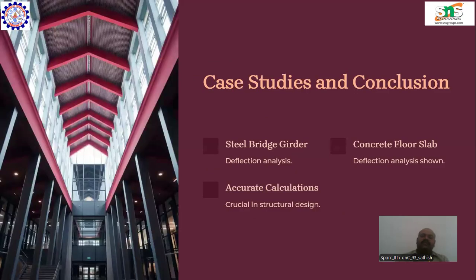And we have certain case studies and conclusion for better understanding. Steel bridge girder and the deflection analysis, concrete floor slab, deflection analysis shown, and accurate calculations crucial in structural design.